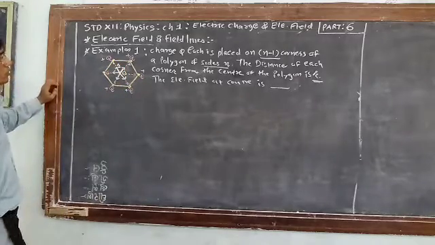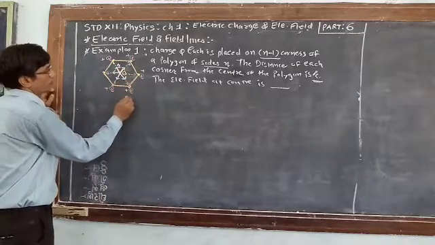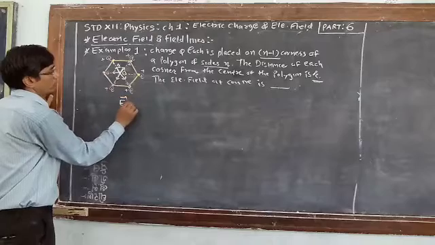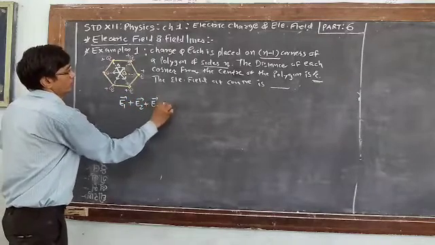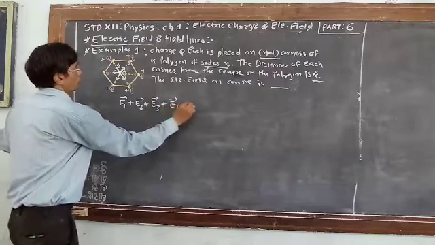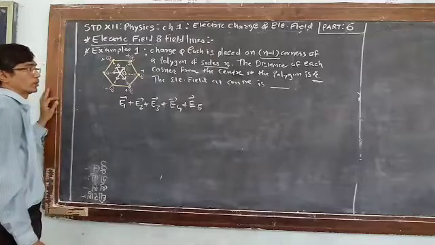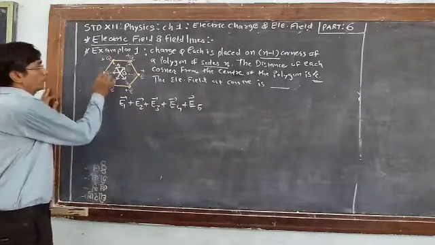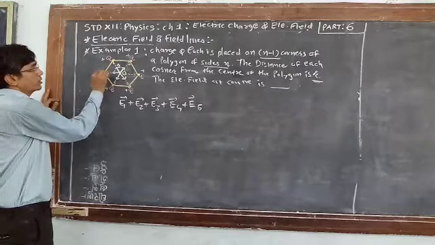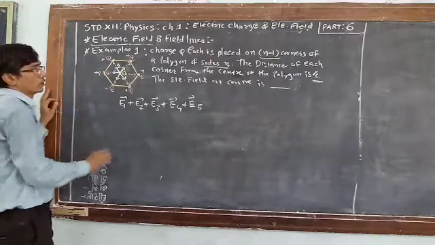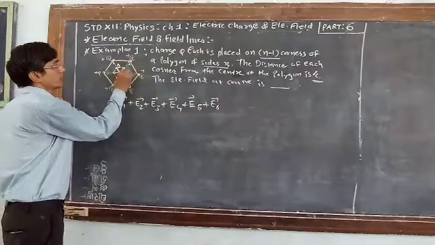So here we take the electric fields E1 plus E2 plus E3 plus E4 plus E5. If you put the plus Q charge at the sixth corner, then we can write E6, and that E6 is in this direction.